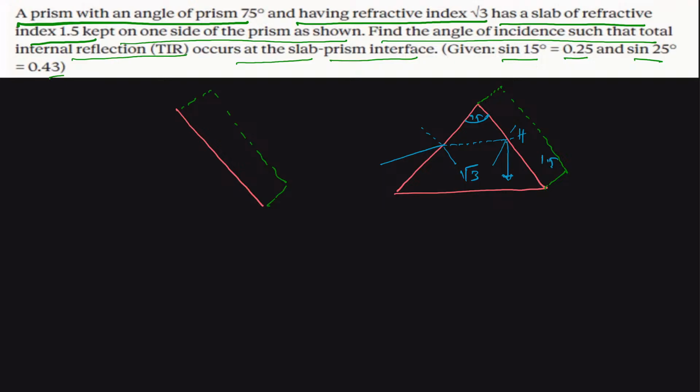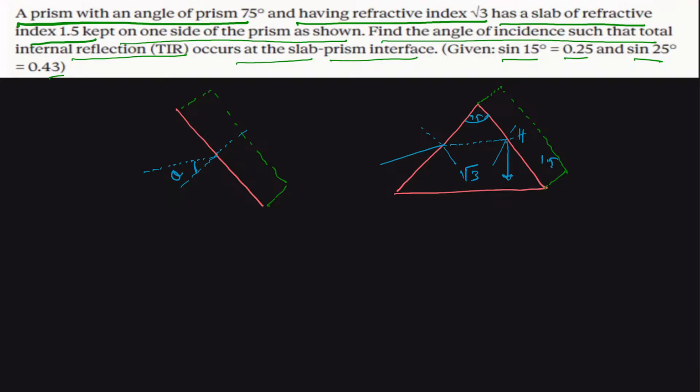And so if I draw, suppose the ray is coming something like this, and there is a normal. Suppose this is the normal. Okay, so this will be our angle of incidence at the interface. Let us call this theta for the time being.